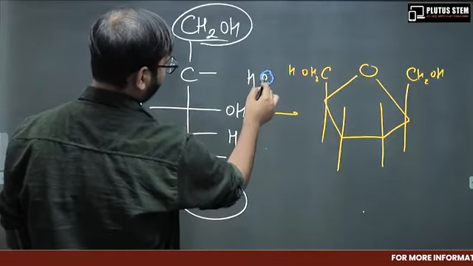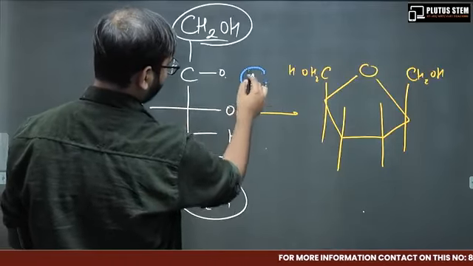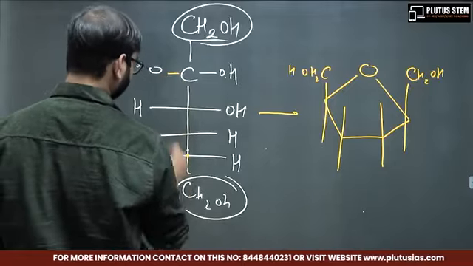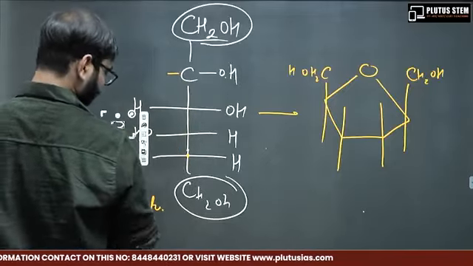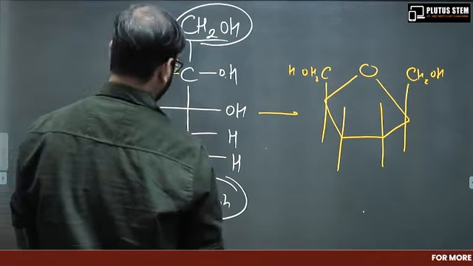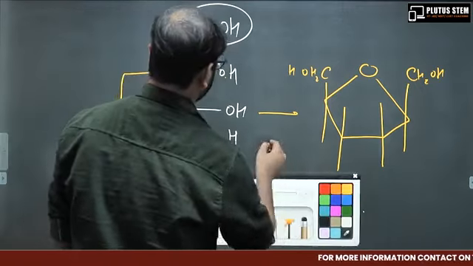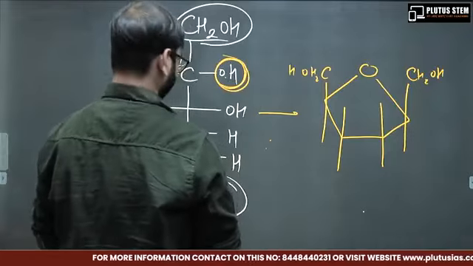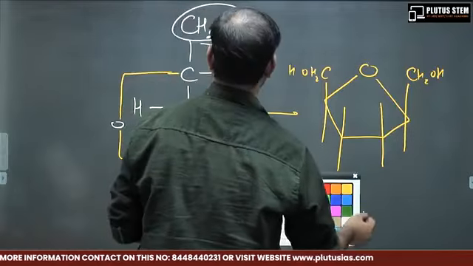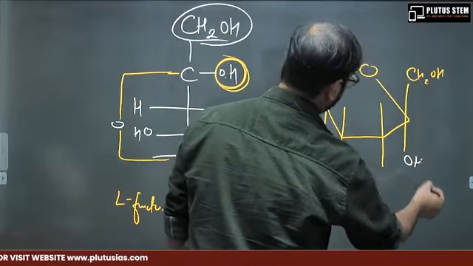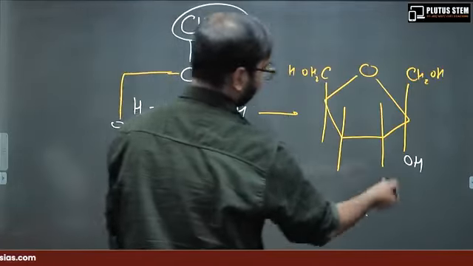Oxygen should be here. So here I'm assuming that the OH is lying outside of the ring. So here remember, CH2OH is of the highest priority, so OH has no other choice but to be here.